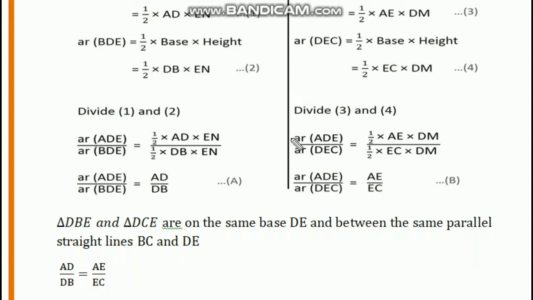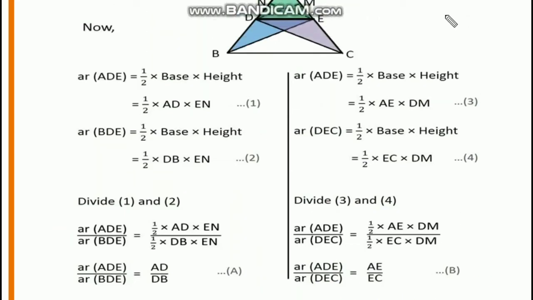The triangle DBE and triangle DCE are on the same base. So already we know that. See here, the triangle DBE and the triangle DCE have the same base DE. At the same time, the triangles BDE and DCE are in between two parallel lines DE and BC.